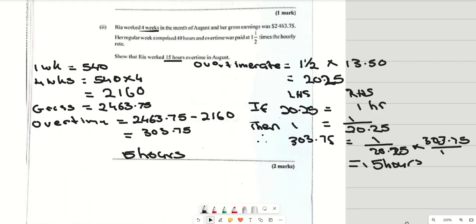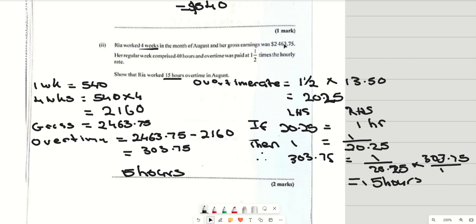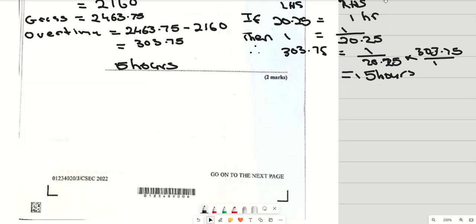In August, 20% of Ria's gross earnings was deducted as tax. How much money does she have left? So her gross earnings, they told you in the question above, was $2,463.75. That is the original amount, right? So let's write that down.